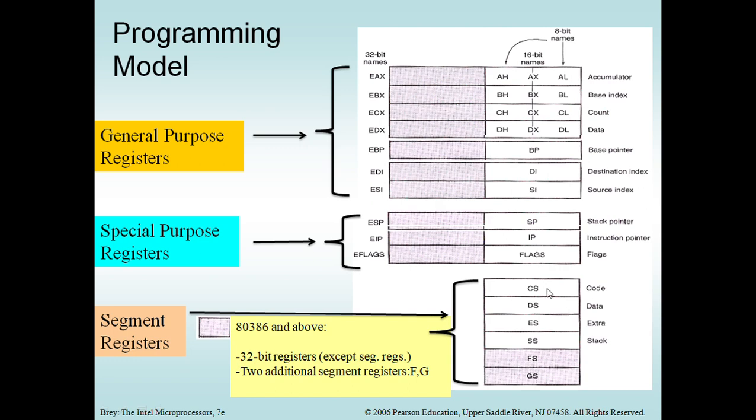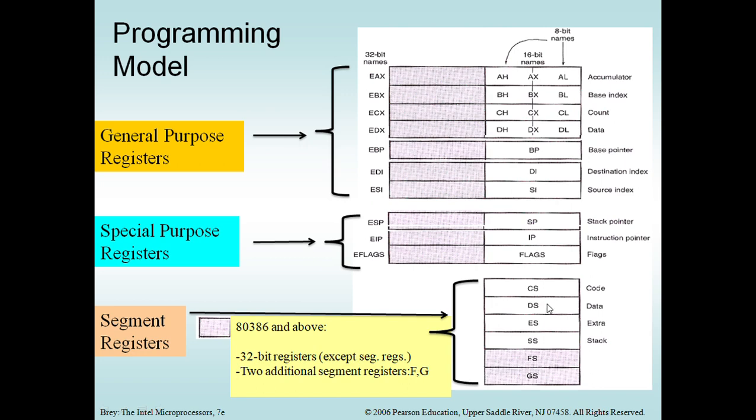These are the segment registers. The first one is the code segment register, the second one is the data segment register, this is the extra segment register, and this is the stack segment register. There are 4 possible memory segments, and each of the segments is accessed using these registers. For example, the code segment inside the memory is accessed using the code segment register, which provides the 16-bit starting address of the code segment.